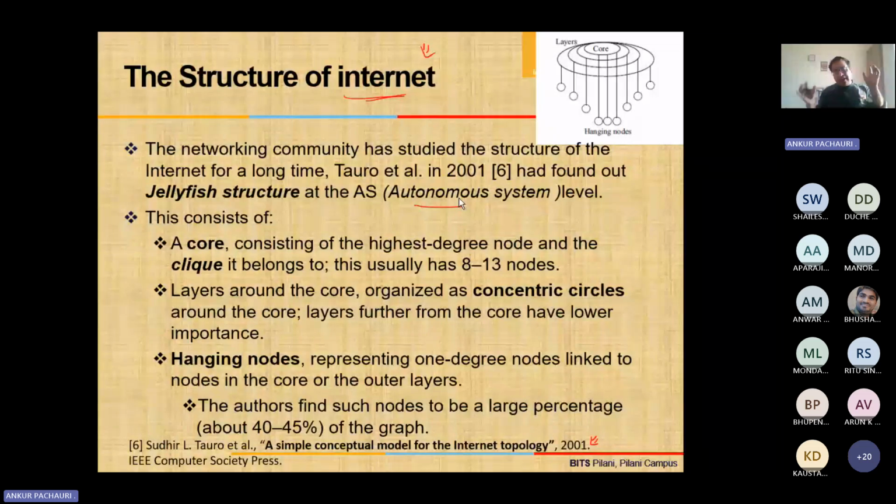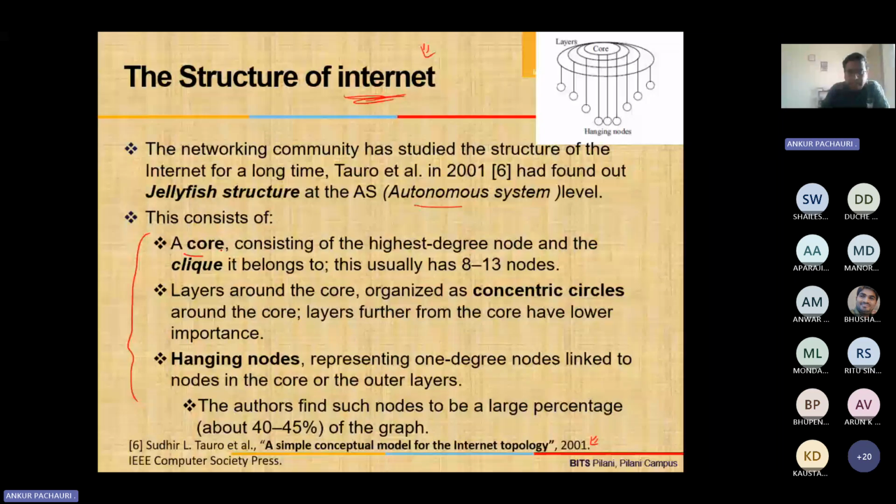When they arranged it, the observation was unique. They found a core in the internet. Internet means in terms of connectivity, network, switches and routers, and those PCs connected through those switches and hubs.